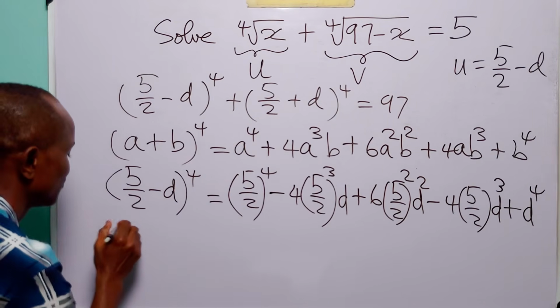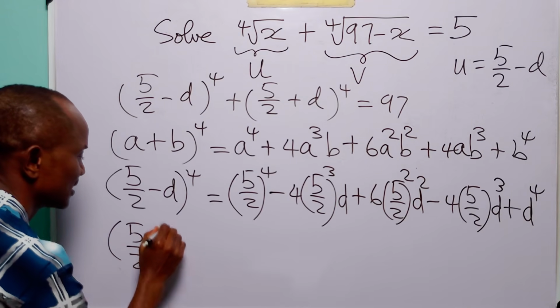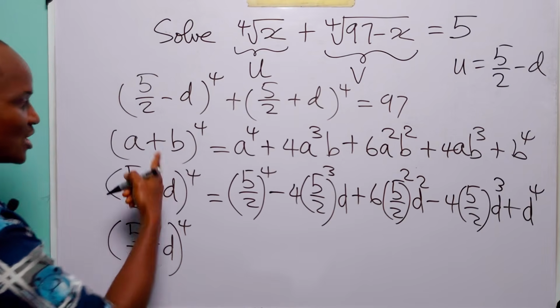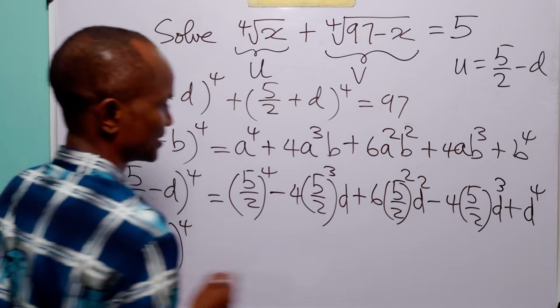And in this case, we have 5 over 2 plus d raised to power 4. Now, of course, you know that this is going to follow exactly this pattern, no alternating signs.